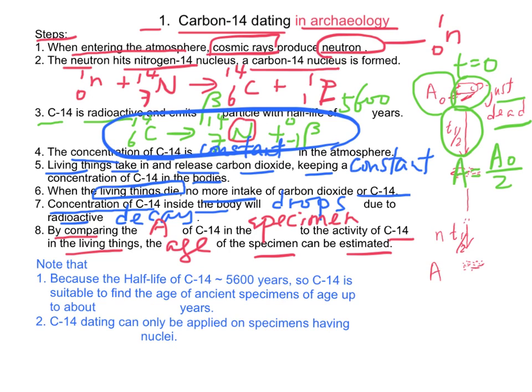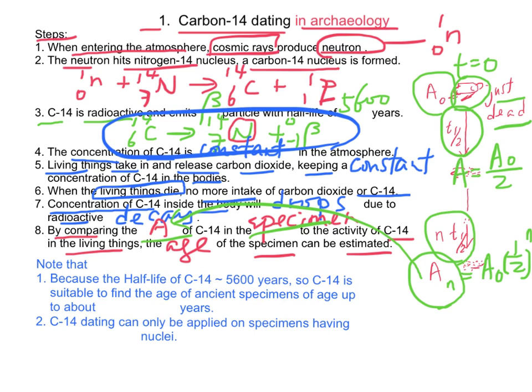Similarly, after n half-lives, the activity An will become A0 times 1/2 to the power n, where An is the activity of carbon-14 in the specimen, and A0 is the activity of carbon-14 in the living thing.